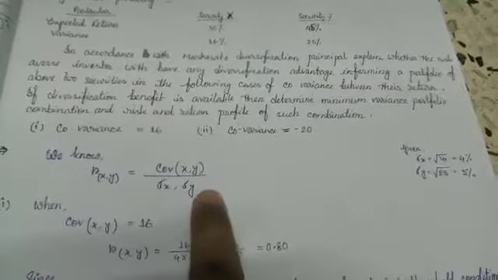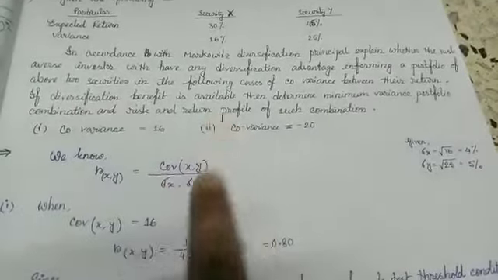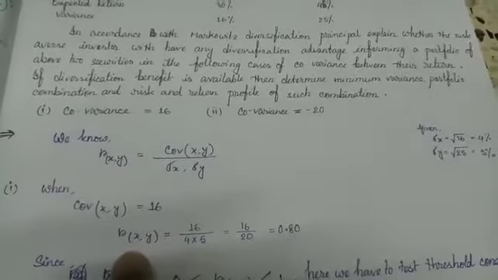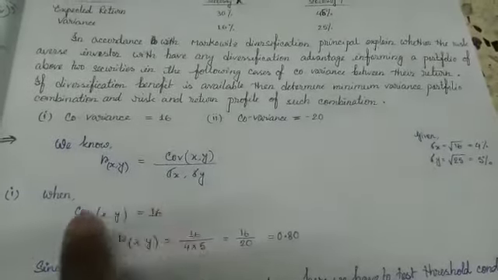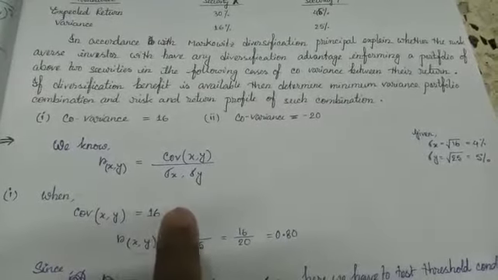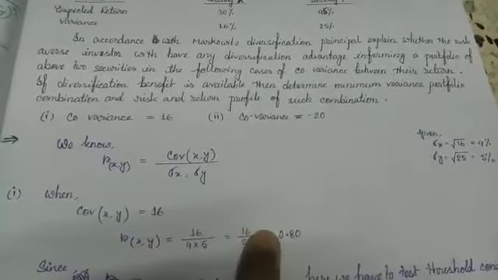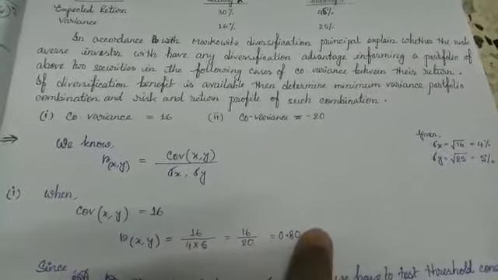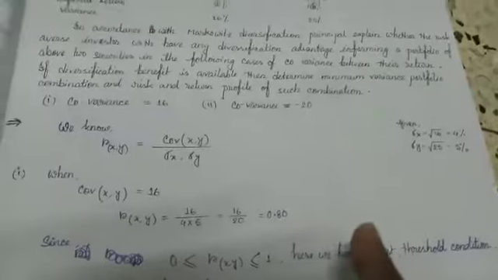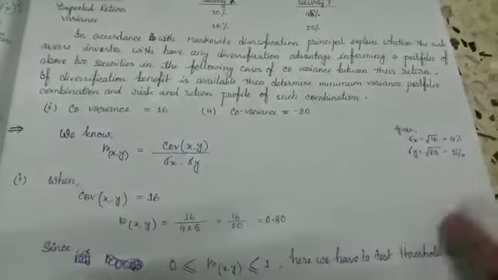So putting these values in this formula, we will get the value of Rxy. When cov is equal to 60, Rxy, that means the correlation coefficient between security X and Y, comes to 0.80. That means here the correlation coefficient varies from 0 to plus 1.